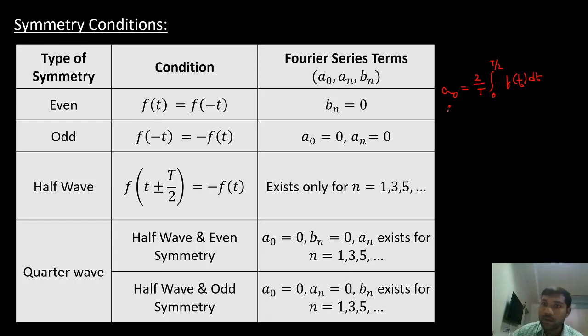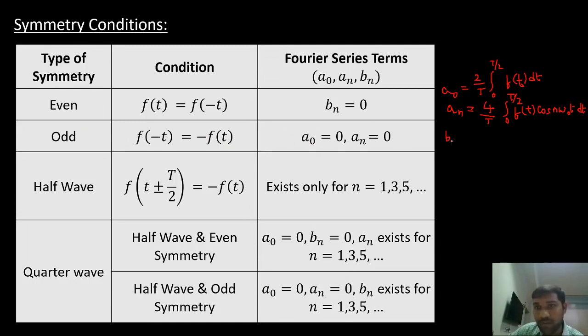Similarly, An is going to be, originally it is 2 by T, so now it becomes 4 by T, integral 0 to T by 2, f of t cos n omega naught t dt, right? So similarly for an odd function, the cosine terms will become 0, and we are left with only sine terms.